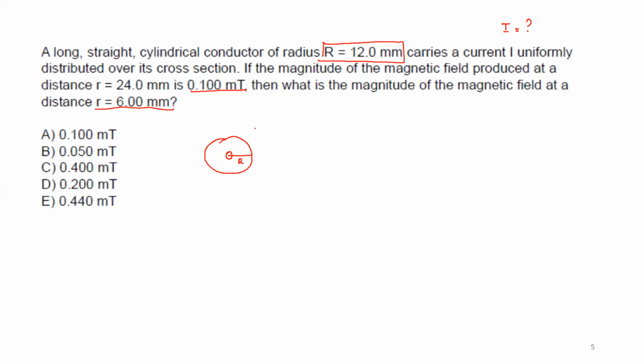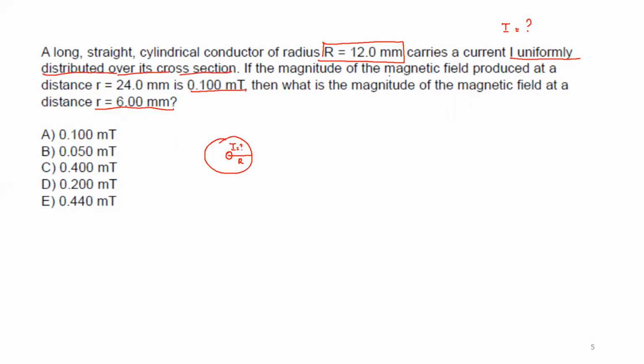I did not give you I, but no problem, we will find it. I is the total current coming out of this cylindrical wire, in amps, of course. And I is uniformly distributed over the cross-sectional area. This is very important: the current density is uniform, constant over the whole cross-sectional area.